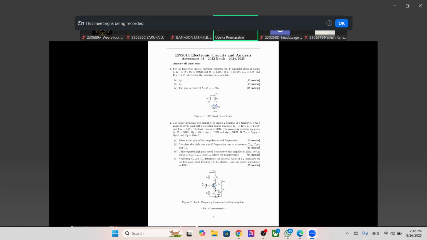The question is, in the early one, don't we have to calculate the cutoff frequency of the bypass capacitor, and why are they low pass? That also I will talk about when we discuss the next question.